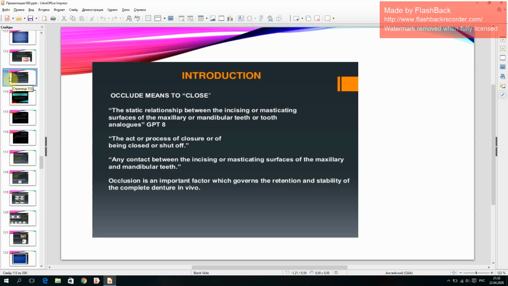The act or process of closure or of being closed or shut off. Any contact between the incising or masticating surfaces of the maxillary and mandibular teeth. Occlusion is an important factor which governs the retention and stability of the complete denture in vivo.